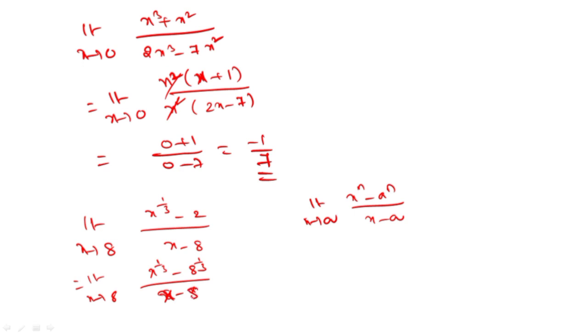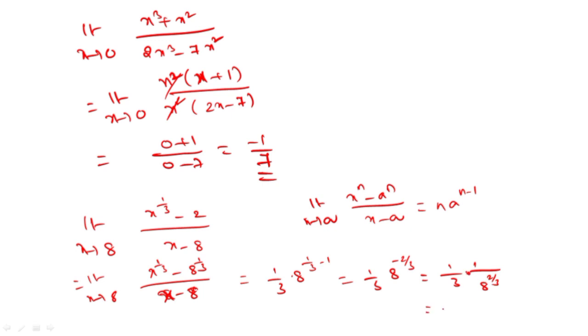This is nothing but n into a power n minus 1. My n is 1 by 3, a is 8, power n minus 1, 1 by 3 minus 1, so 8 power minus 2 by 3. So this is 1 by 3 into 1 by 8 power 2 by 3.